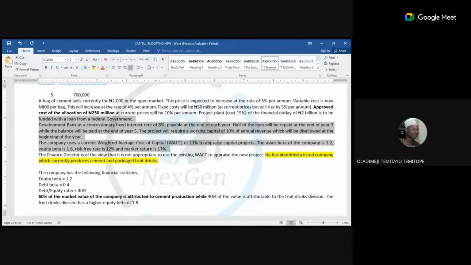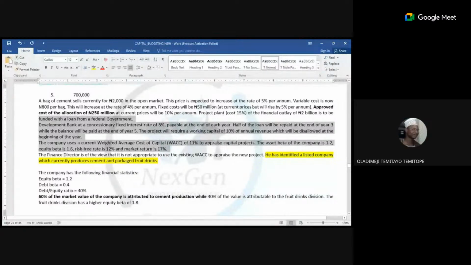Asset beta was given as 1.2, equity 1.6. So in between there's 0.4. So you will say equity beta 1.6 minus asset beta 1.2 gives the beta debt.